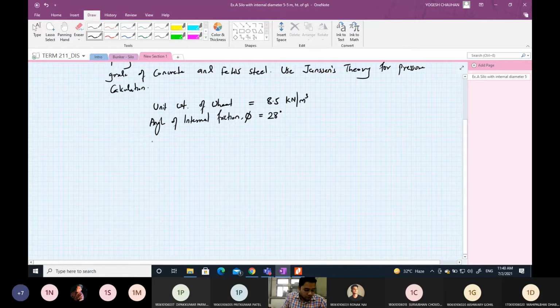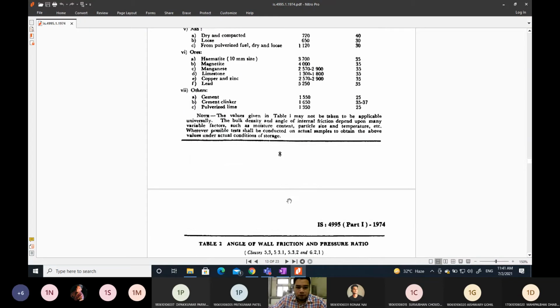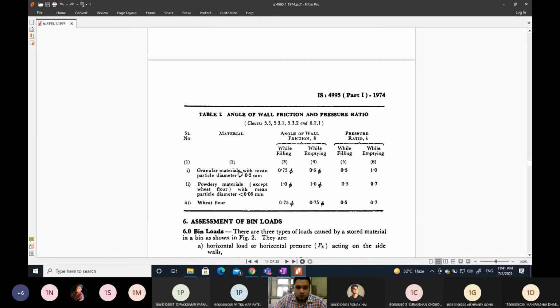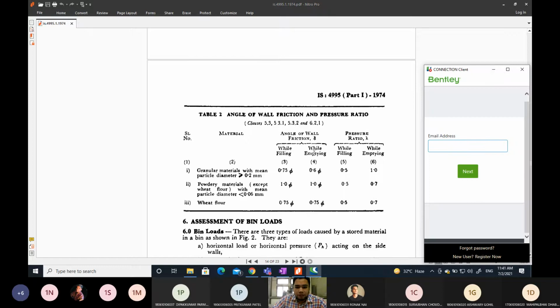Now angle of wall friction. For angle of wall friction, you have to refer this. Since wheat is a granular material with its mean particle diameter more than 0.2 mm, the angle of wall friction will be 0.75 times phi while filling and 0.6 times phi while emptying.